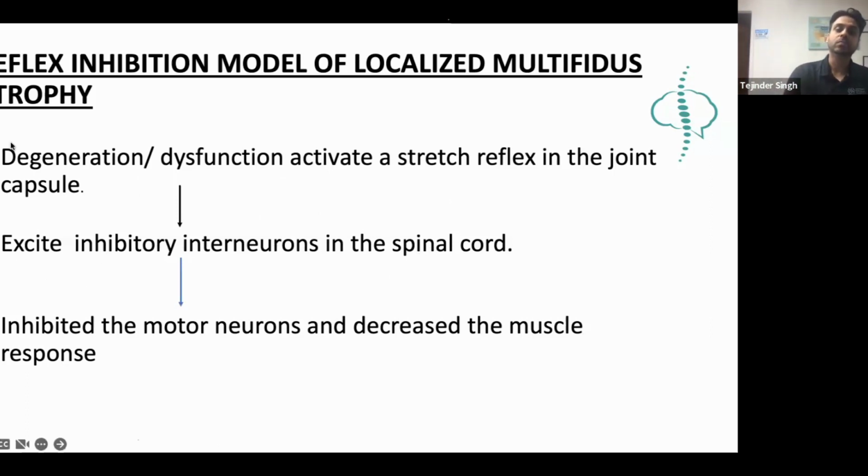There was very little effect on the superficial fibers of multifidus, but the deep fibers absolutely shut down after they injected that saline or anything in the joint space. That's why this research is very important, because that's what happens. Patients come in with chronic pain, they have a facet issue, and multifidus is absolutely shut down.